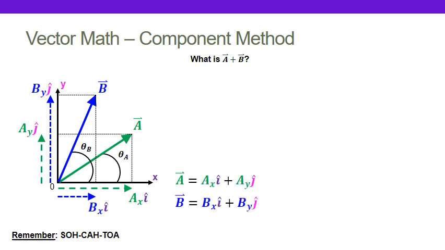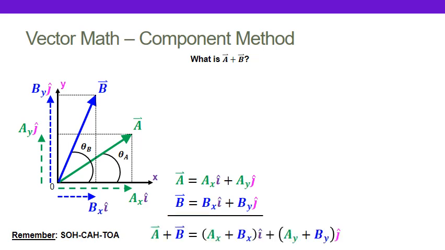So the A vector is just its x component plus its y component summed vectorially. And B is similar. To find the sum of A plus B, we just add them. So A plus B is just its x components added up and its y components added up.